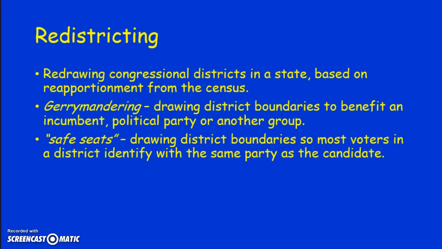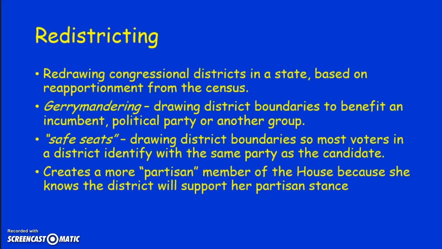So that's called a competitive district. And a House member would have to not be so right-wing or so left-wing, not so conservative, not so liberal, or extremely that way, in order to keep happy the people in the district that are of the opposing party. That's if it weren't drawn as a safe seat district.